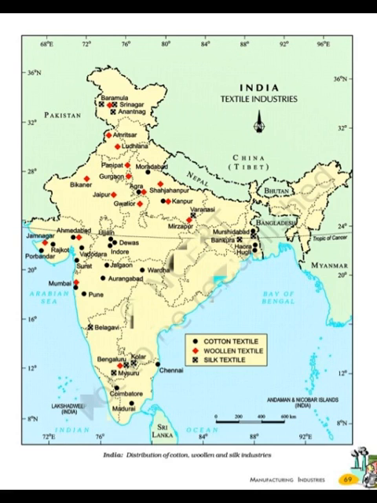Then Ahmedabad in Gujarat, then Indore in Madhya Pradesh, Surat again in Gujarat. Then we have Mumbai in Maharashtra. Then we have Coimbatore in Tamil Nadu, Madurai in Tamil Nadu. So these are the areas where the major cotton textile mills are located.